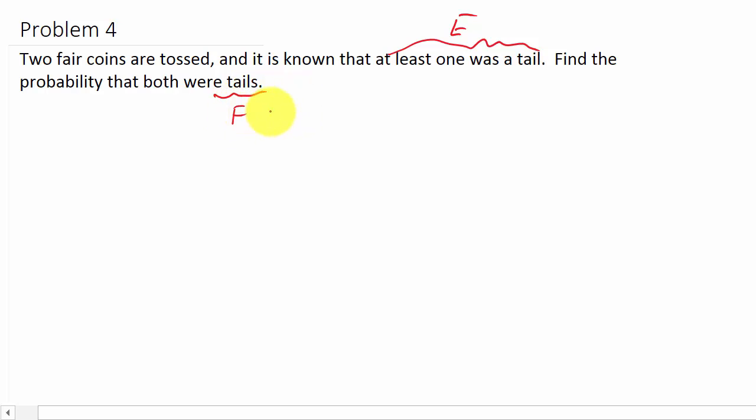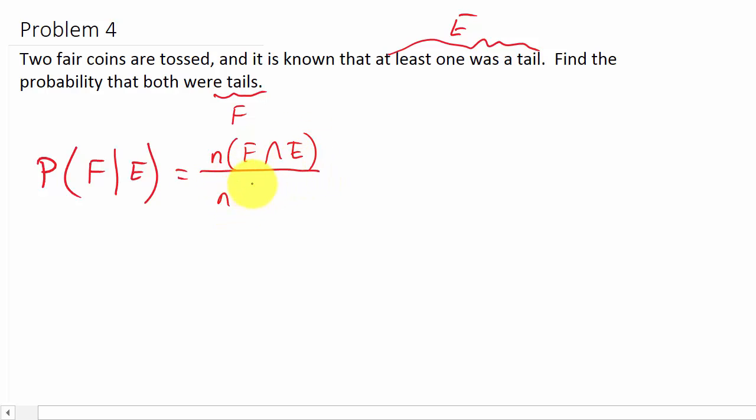Well, both of them are tails, we're going to let that be event F. So we want the probability that both were tails given that at least one was tails. See, because it says it is known that at least one was a tail. So that's the number in F and E over the number in E.